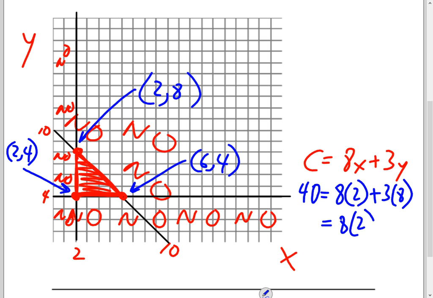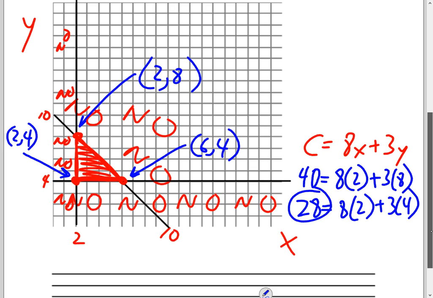Then 8 times 2 plus 3 times 4, 12, 16, 28. So you had to give me at least 2 points. You could have done them all. Some people did all of them. That's great. 8 times 2 is 16, 3 times, yeah, that's right. So 28 was the one that I wanted.